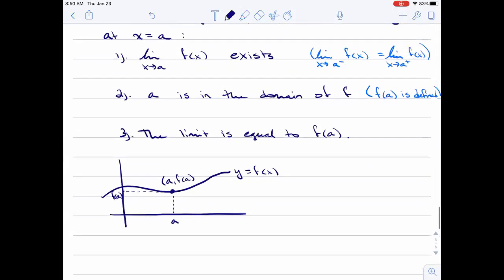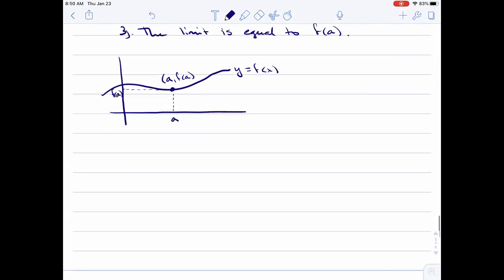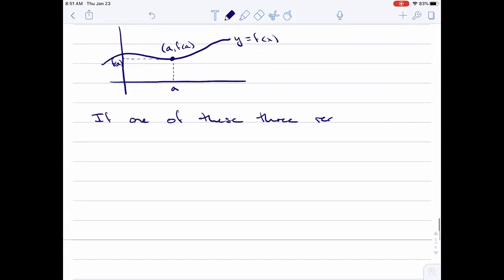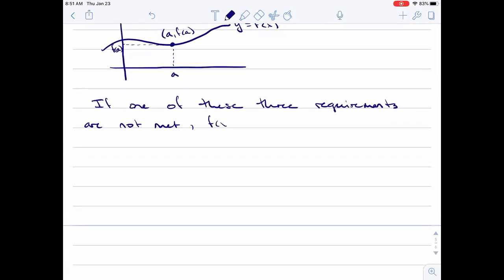All right. If one of these three requirements are not met, f of x has a discontinuity at x equals a.